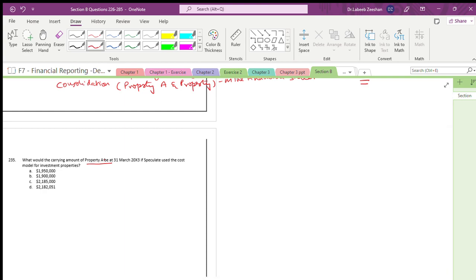When you are talking about the cost model of investment properties, we have to make a depreciation. The revaluation model will not be taken. We have only two models: one is the cost model and one is revaluation. In the cost model, we have to take the depreciation for investment properties. How much is there?